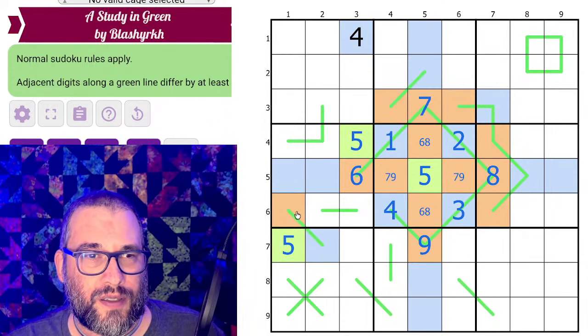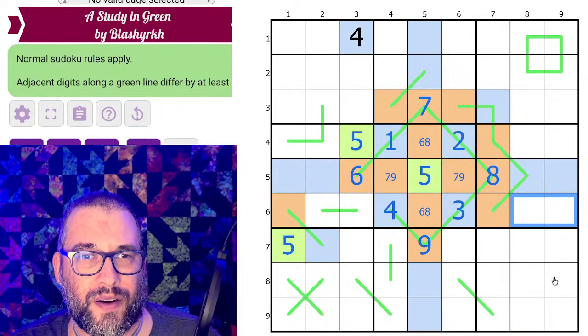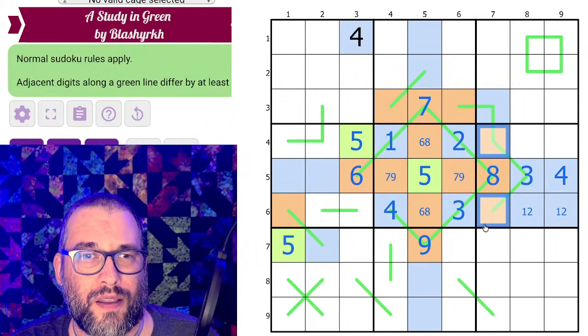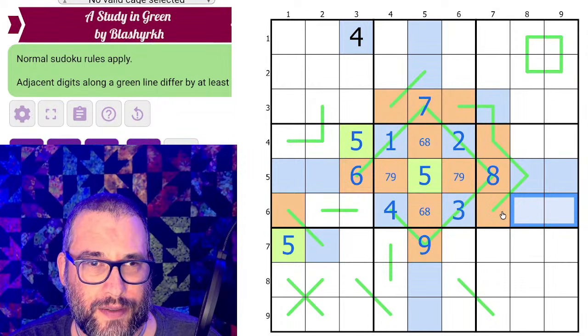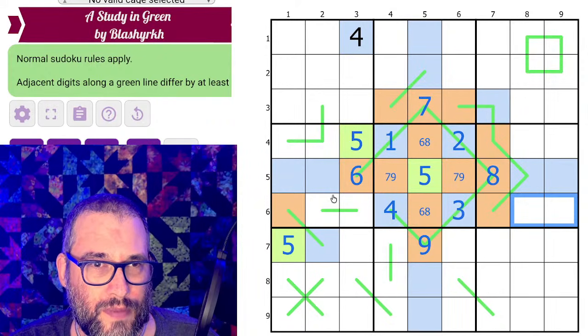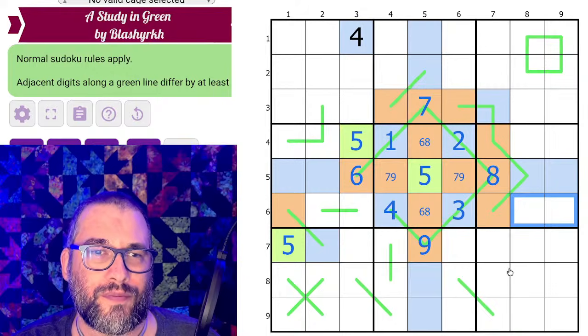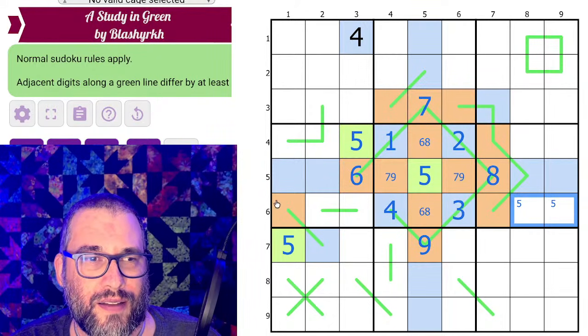Okie doke. Our last high in row 6 is there, so these are low. That's a 1-2 pair. This is a 3-4 pair. Except that's the 3. Wait, let's not break it. I forgot there's a 5 over here.